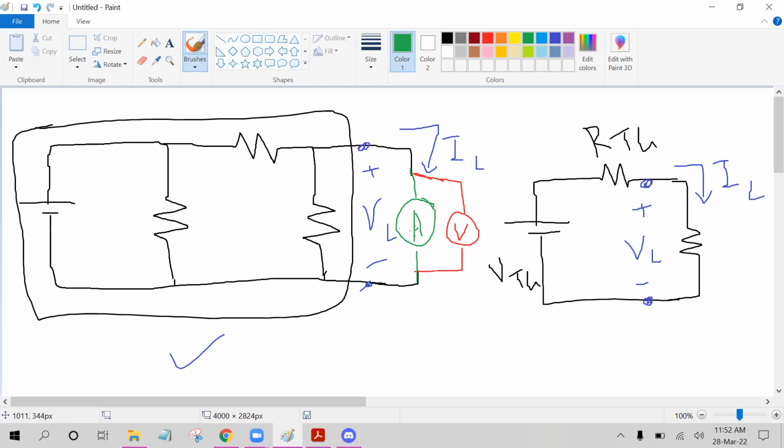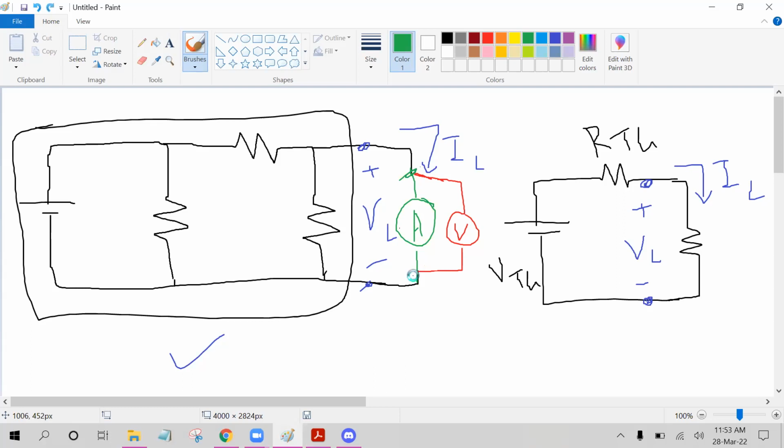Interestingly, please observe that the connection of the voltmeter that is already connected in our Tinkercad circuit is similar to the ammeter connection. Look at the red and green wires. Isn't it the same? Yes, sir.